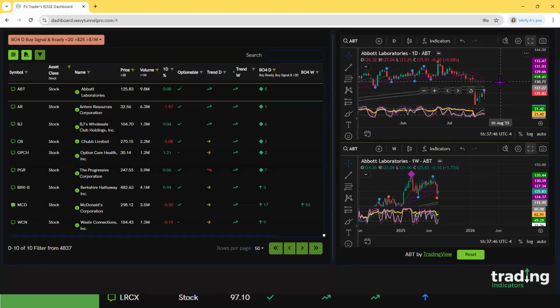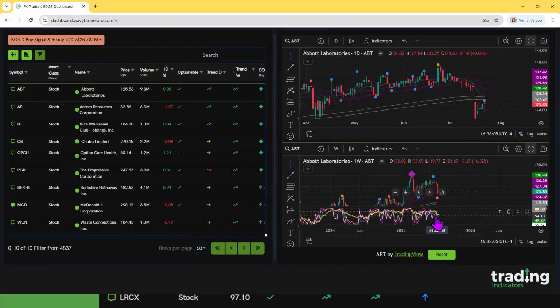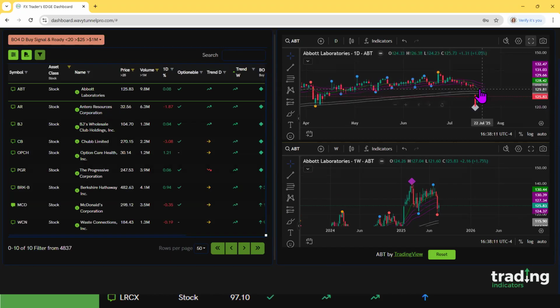Okay, here it is. Just going to get rid of this. Okay. So then we move up to the daily and look what happens. We gap down.